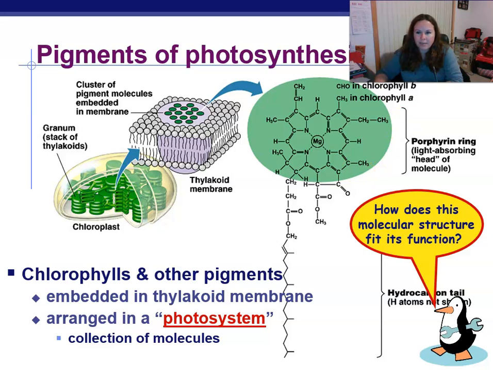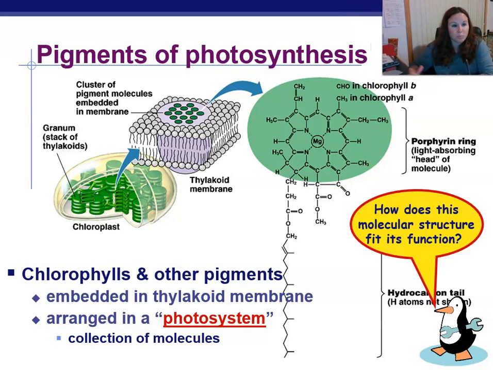Now let's take a look at the pigments. Pigment is a protein, and the protein in question that we're talking about here is chlorophyll. There's many different types of pigments, therefore many different types of chlorophyll. Here we are talking about a couple called chlorophyll B and chlorophyll A. What do they have in common? Oh, they've got a lot of carbons, nitrogens, oxygens, hydrogens.